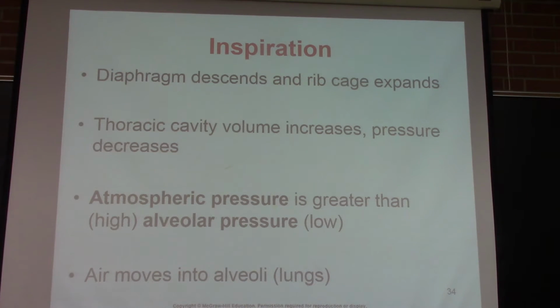So when the pressure decreases inside, because the diaphragm descends, the capacity increases, the pressure decreases, and if the pressure is lower inside and it is higher on the outside, what will happen? The air will go inside, because the pressure is higher on the outside, through our nasal cavity. So because the pressure is lower inside, from higher to lower pressure, the air will go inside our lungs.